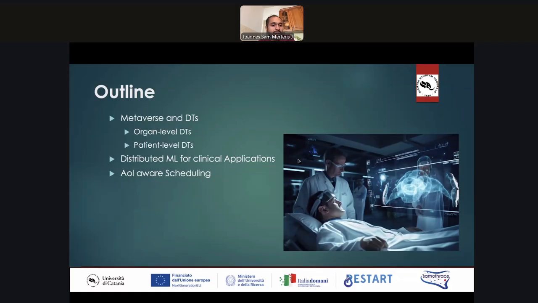And then finally I will talk about a resource allocation problem, because when we talk about healthcare, the main thing is that these data are critical.